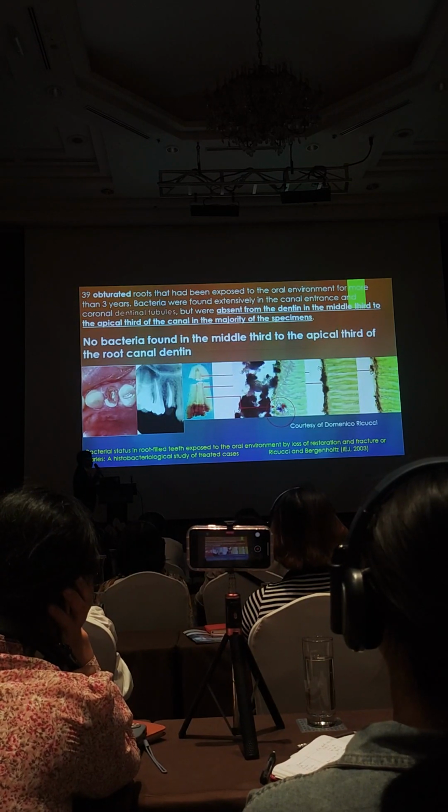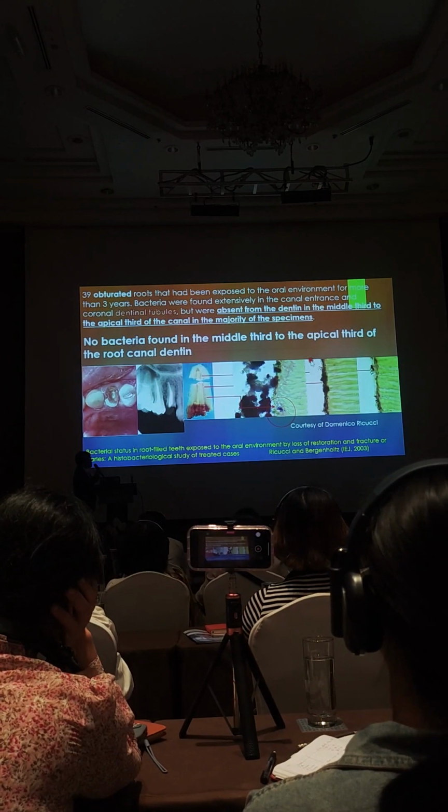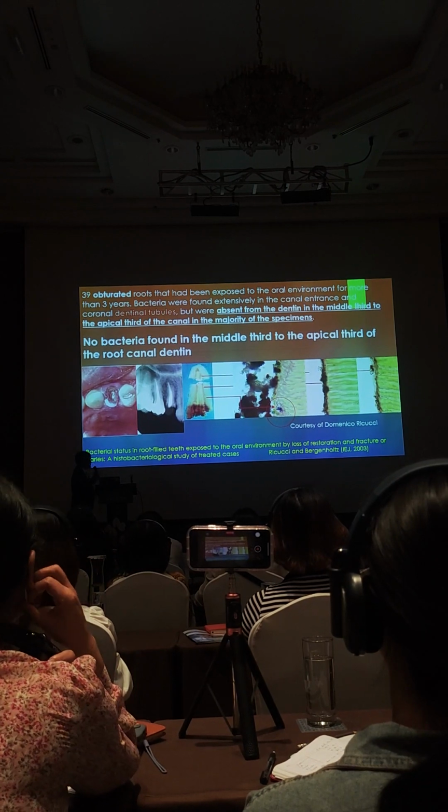He only found bacteria in the coronal 1/3 of the dentin. You see bacteria here in the dentinal tubules in the coronal 1/3, but he didn't find any bacteria in the dentinal tubules in the apical 1/3 and even in the middle 1/3.